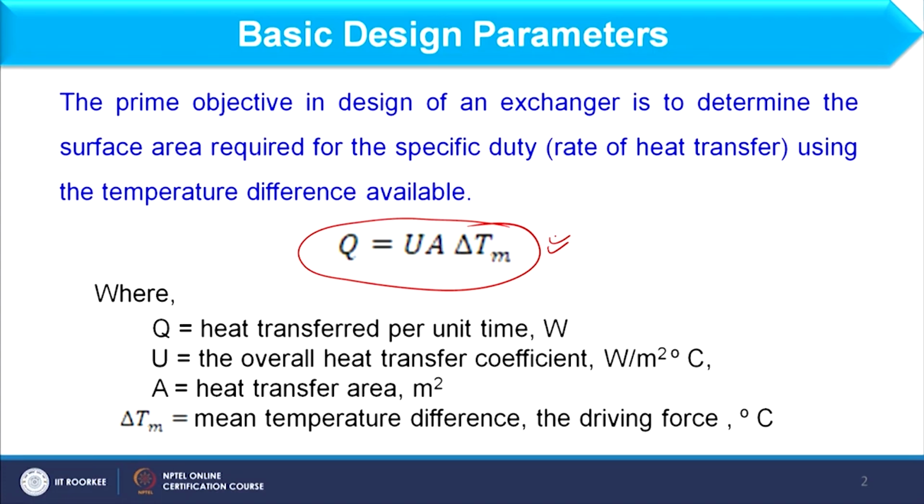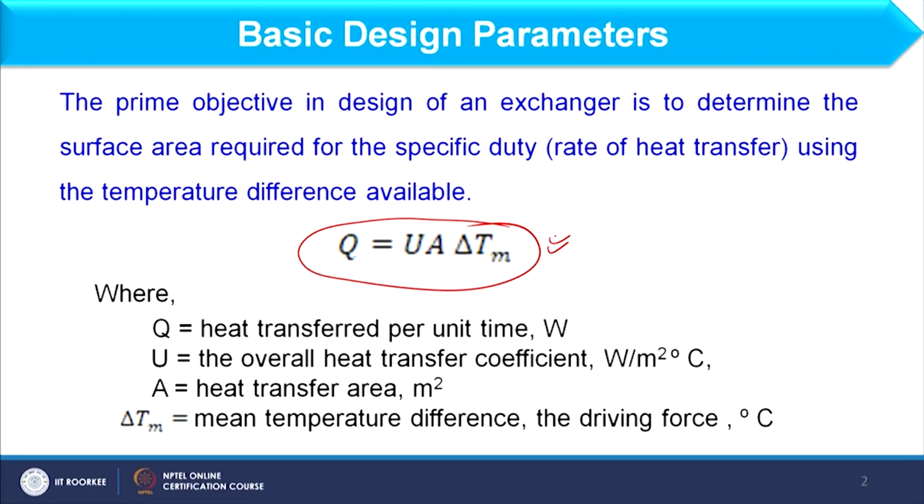The answer is no. Because whatever system is available to you, you have to transfer the heat from this temperature to this temperature. You have to reduce the temperature of a particular stream. Okay. The flow of the stream is this much. And if you are fixing the stream, you have already fixed the property of it, and that is the Cp value, right. So, for Q is equal to mCp dt, you cannot play with it.